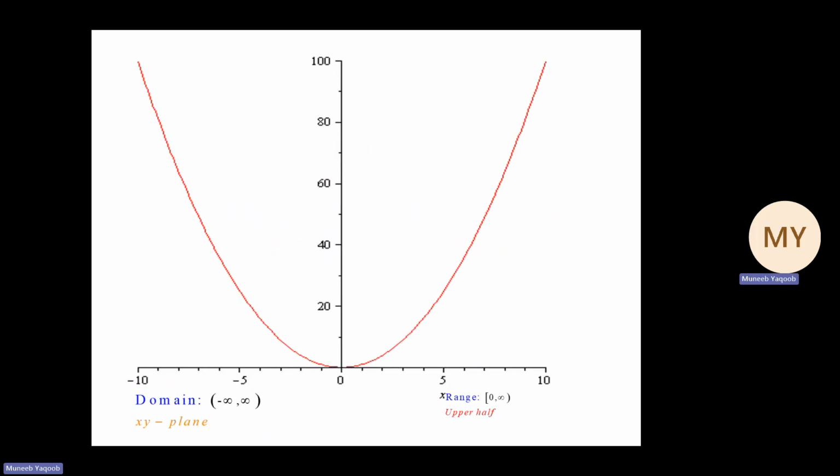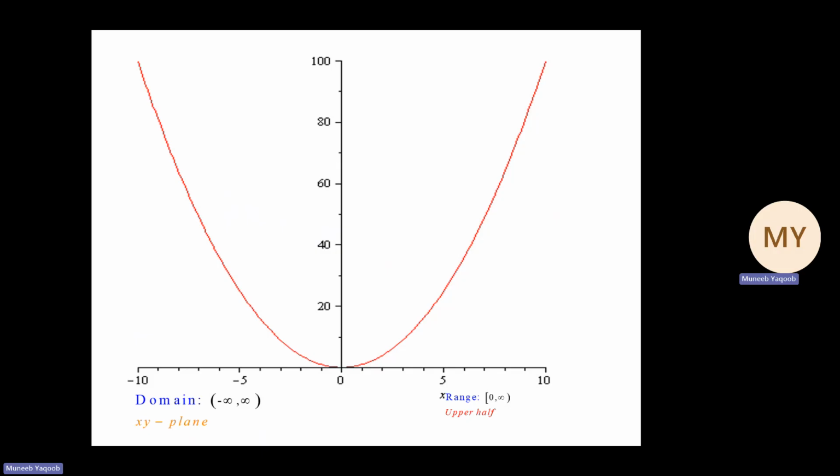Now coming to another graph, this graph is known as a parabola. You must know this from your A levels or higher secondary school education, that a parabola can always be represented by a quadratic equation. Or in other words, a quadratic equation can always be represented by a parabola.